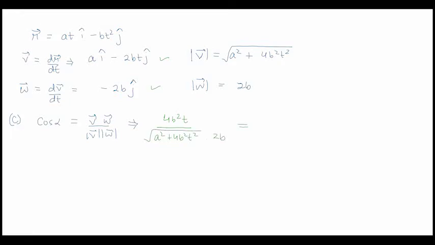So we obtain 2bt upon root over a² plus 4b²t², and alpha is equal to cos inverse of 2bt upon root over a² plus 4b²t². This is the angle alpha which we were talking about.